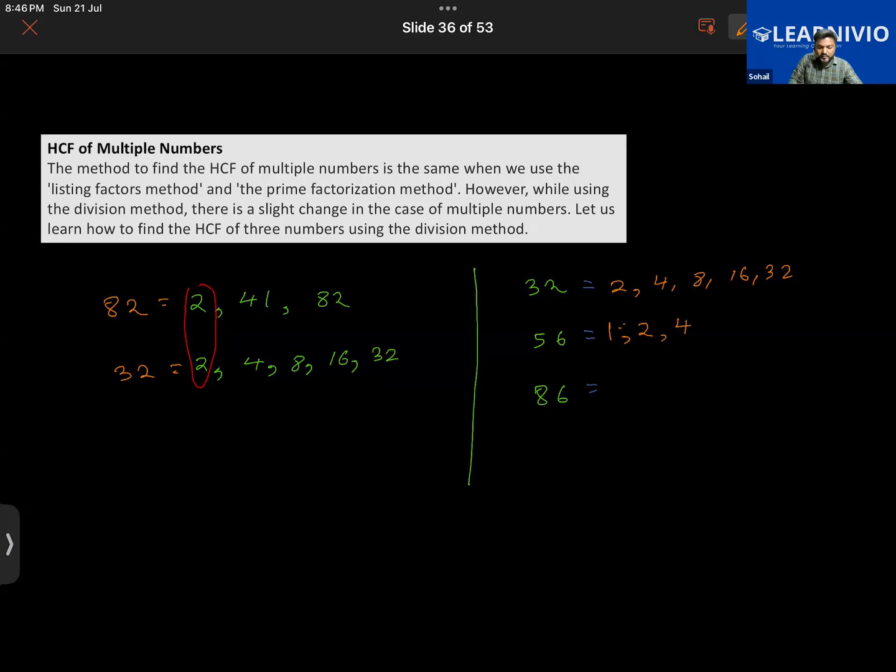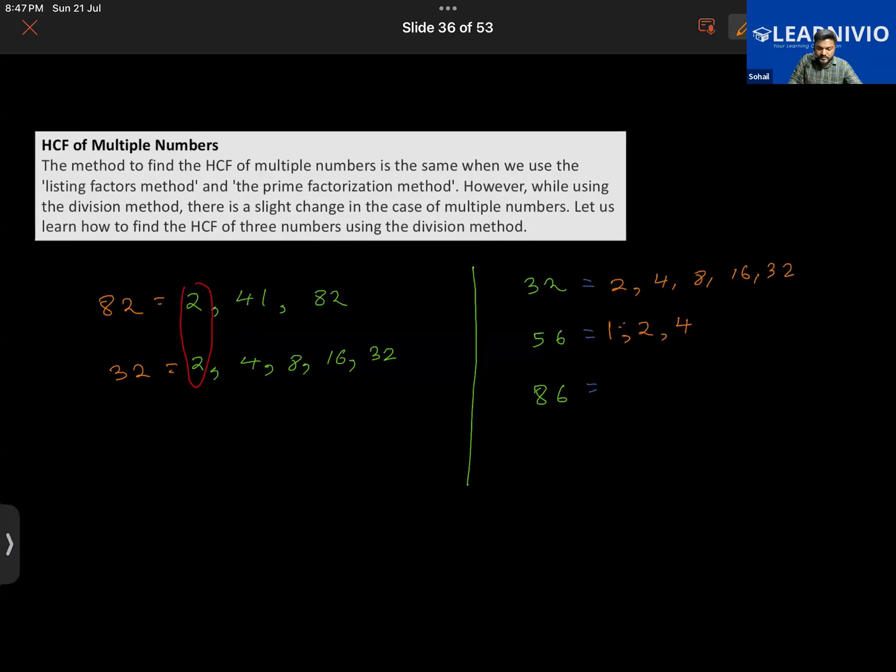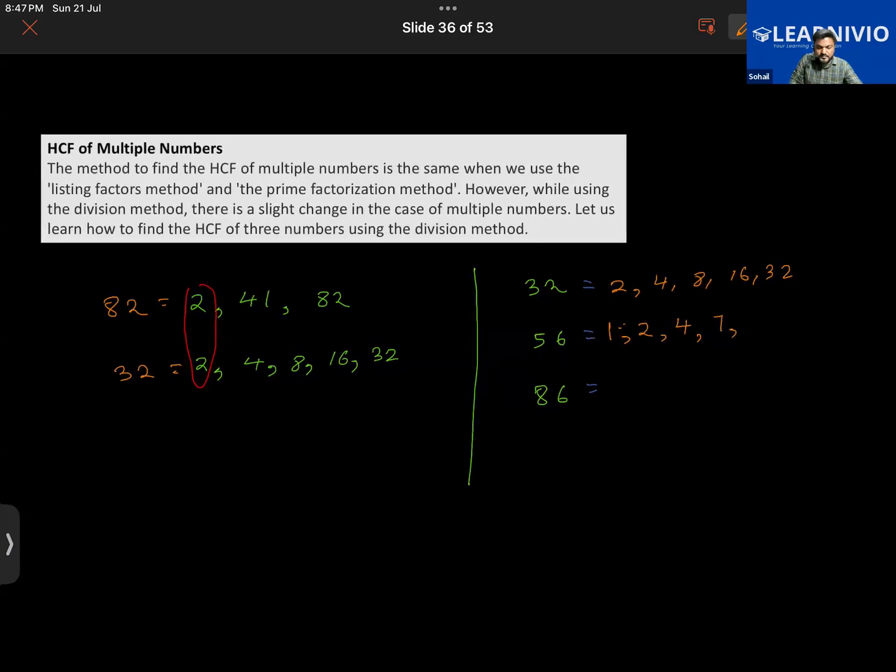No, you missed 4; 14 fours are 56. Yes, 7 and then 8, and 56. You forgot 14 and 28 also, then 56.